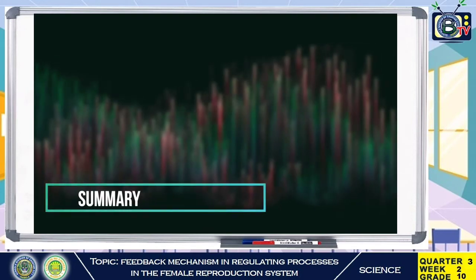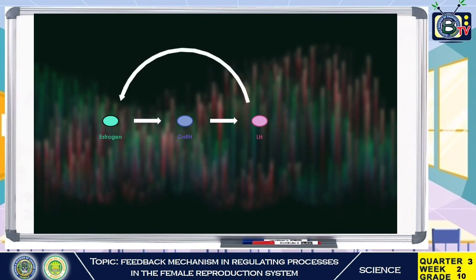Let us review the positive and negative feedback loop in the female hormones. Estrogen, secreted from the ovaries, causes the release of GnRH from the hypothalamus, and GnRH also causes the release of LH. LH then causes the release of even more estrogen.